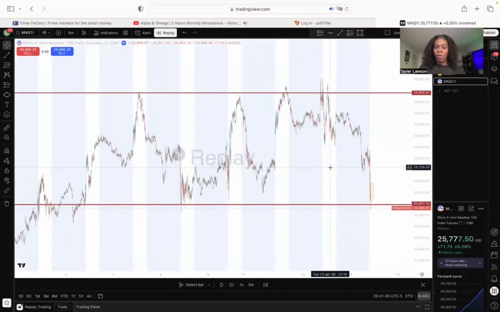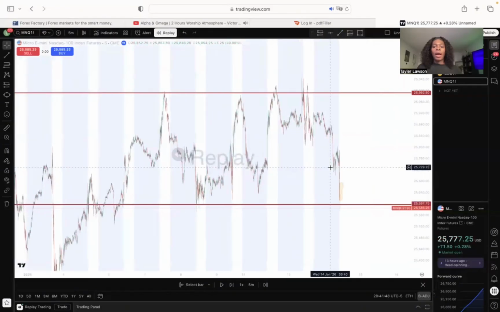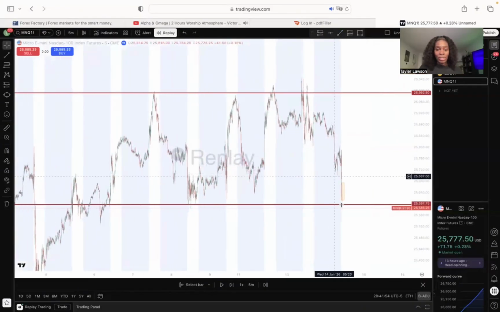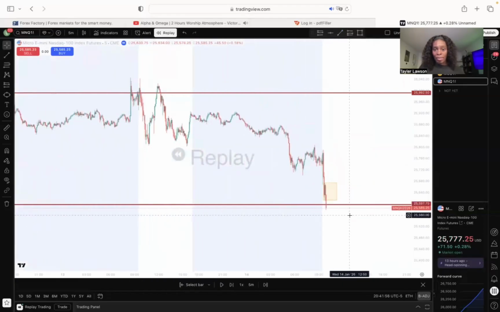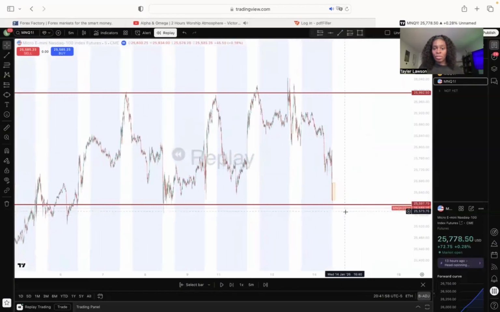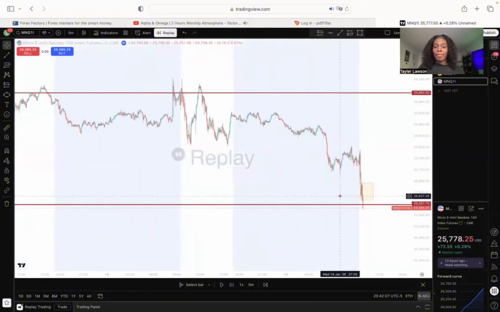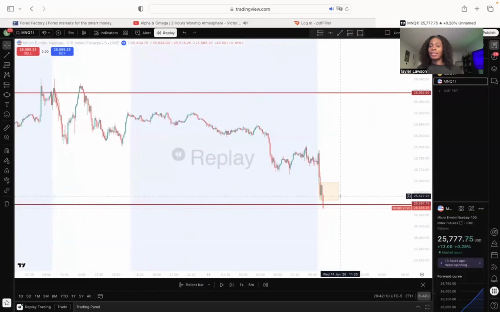Okay, cool. So I was anticipating for price to touch this level, to touch this support and make a reversal. However, I wanted to get my little slice of the pie still.